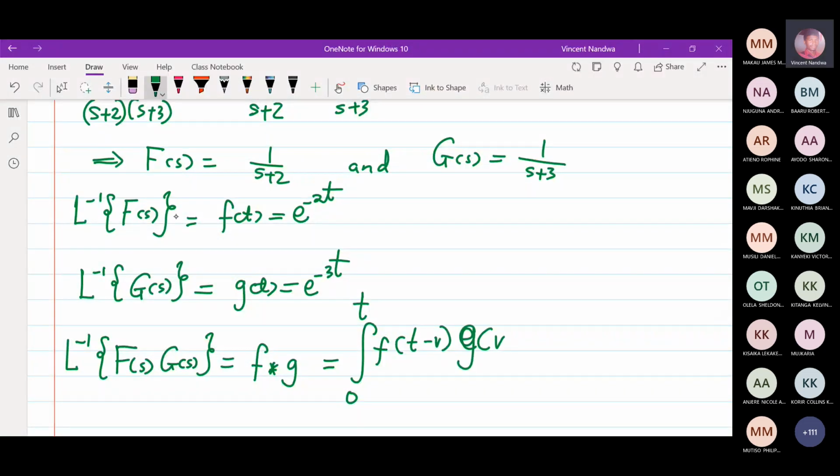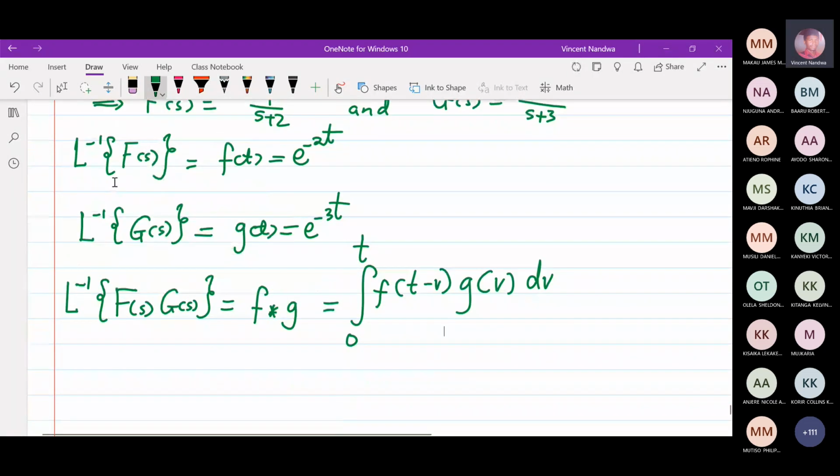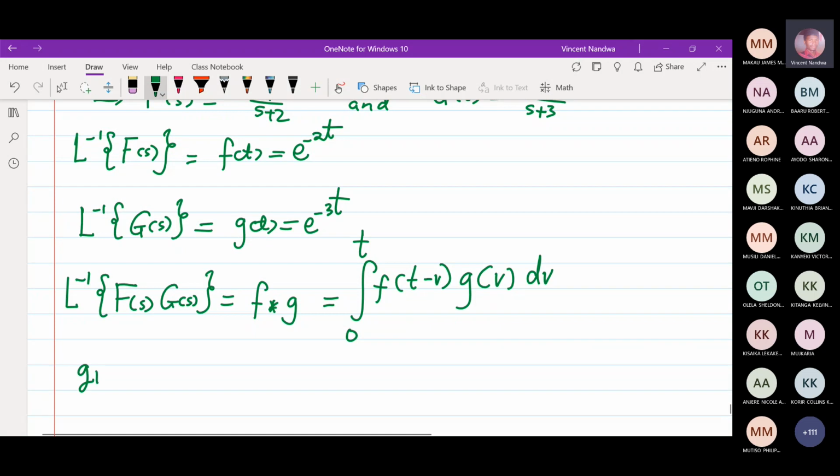So now, given that we have found our f of t to be e raised power minus 2t, then f of t minus v will be e raised power minus 2 into t minus v, which is e raised power minus 2t plus 2v.